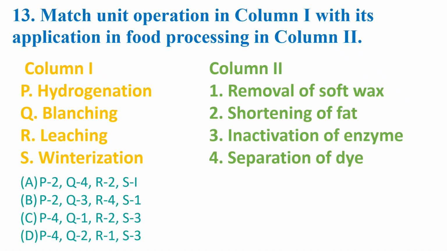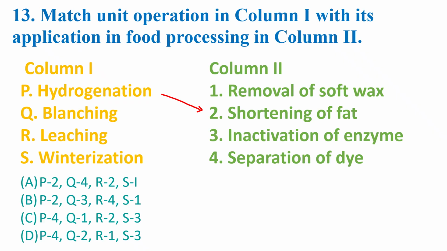Question 13 is the match the following type of question. We have to match unit operations in column 1 with the applications in food processing in column number 2. So hydrogenation is the conversion of liquid oils to semi-solid fats, basically shortening production. So option P, 2.